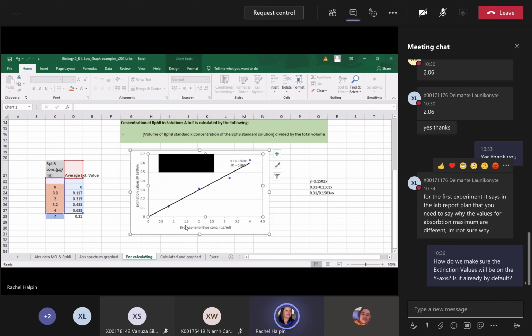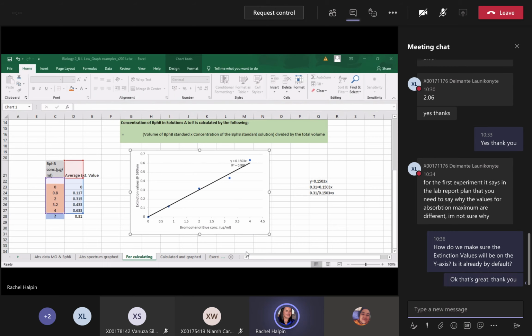When you have your data arranged in Excel, you only have two columns of data: the bromophenol blue on the left and the extinction value on the right. If it doesn't work out like that, change the order of them, but you need to check on that yourself. Any other questions before we leave this?